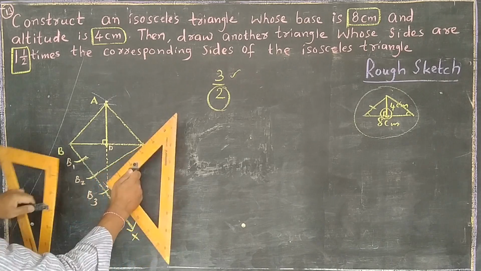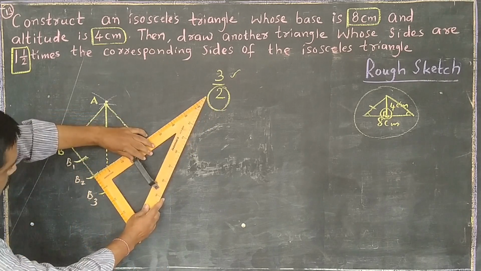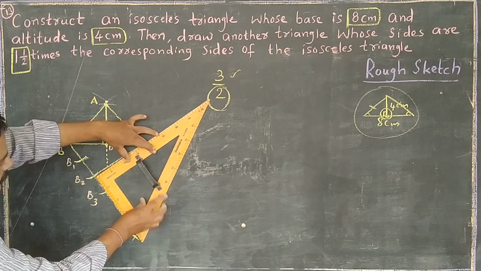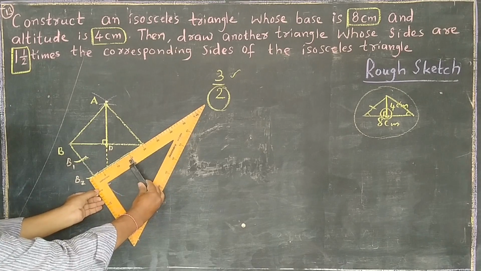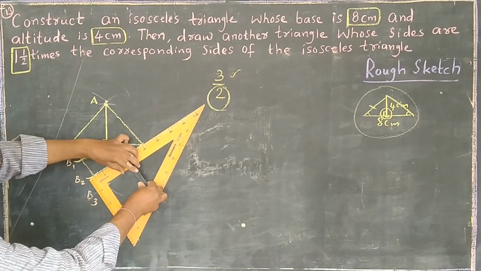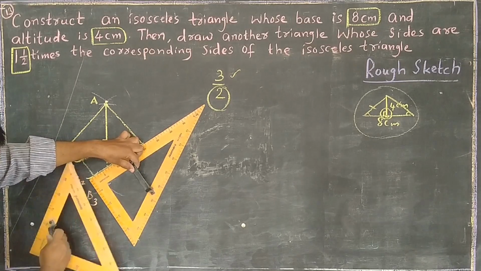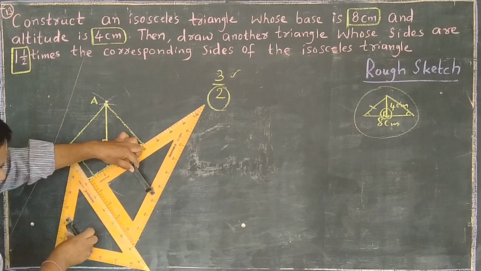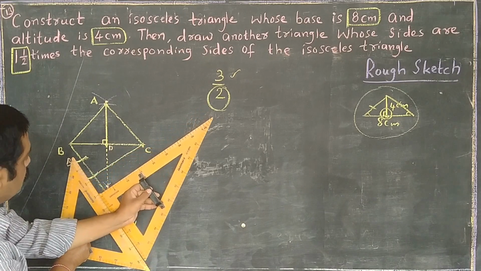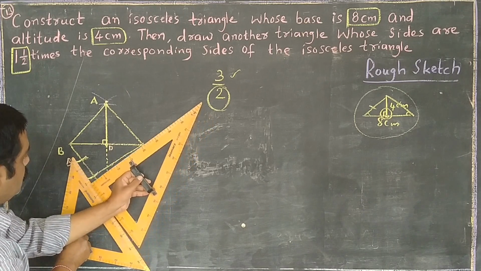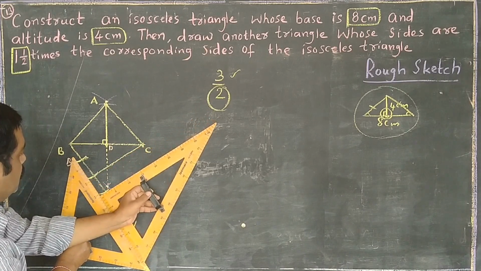Keep it like this, then move it up to B3 and draw the line.